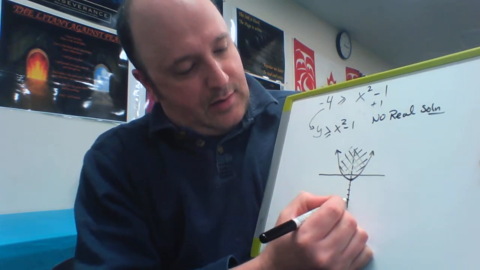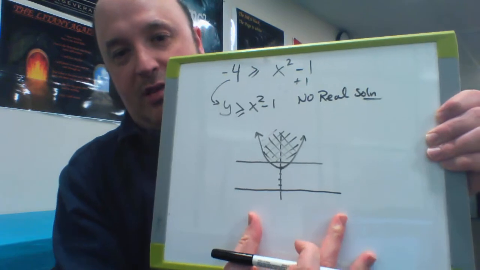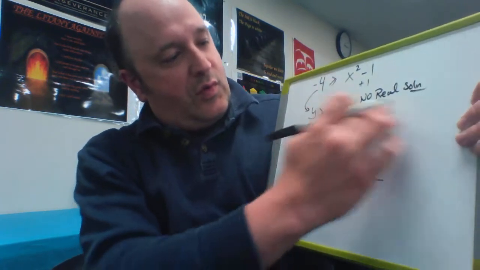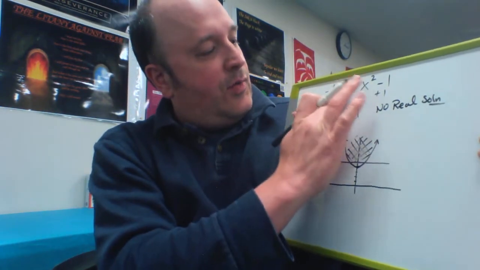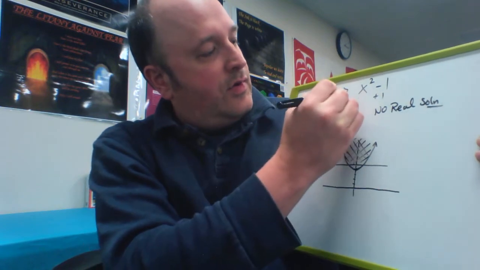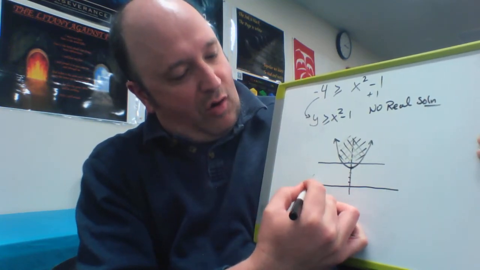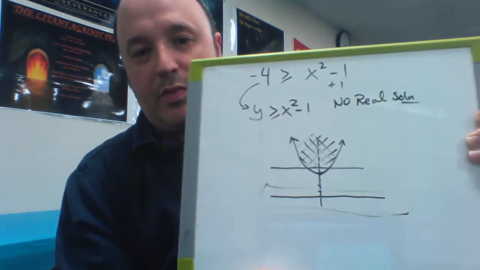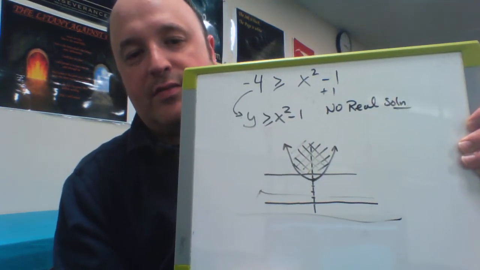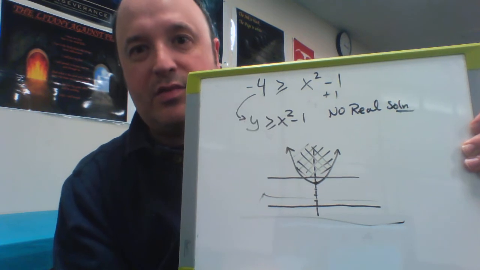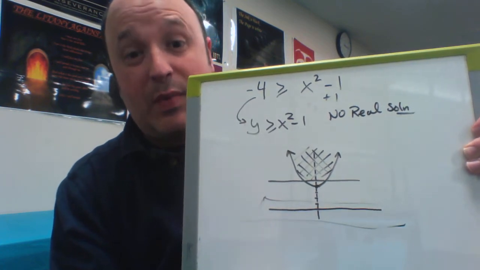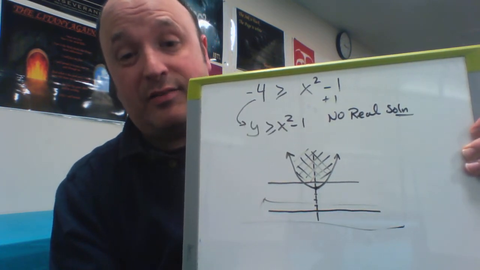Here's my line. Is there any shading? Nope. So no real solution. If I had it the other way, like I did over here, then I would have this region shaded, and then all reals would be shading in that region. So yeah, sometimes you find things that you wouldn't expect by using this particular style.